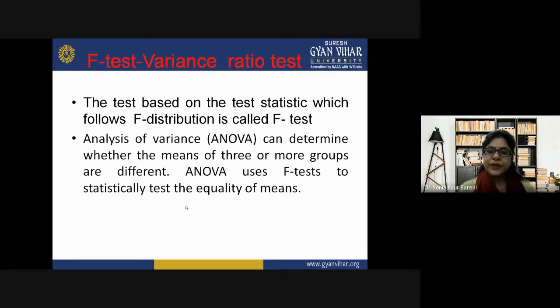So when we are doing research, students, and we have more than one, two, or three groups, then we use the F-test. ANOVA uses the F-test to statistically test the equality of means. All right, now let's understand it further.